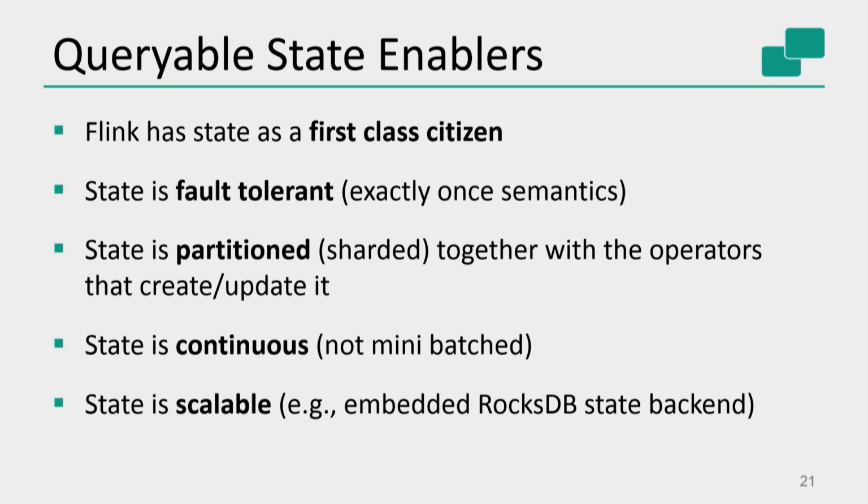The next thing is, if you want to expose something like a database from within a stream processor, it becomes a very tough thing if you do this based on a mini-batch system. It's much more straightforward if you do it based on a system where operations live continuously, like a proper continuous stream processor.